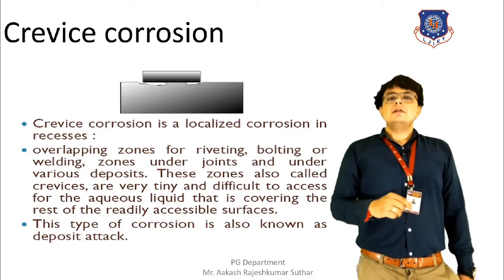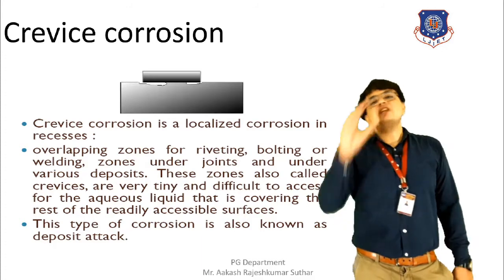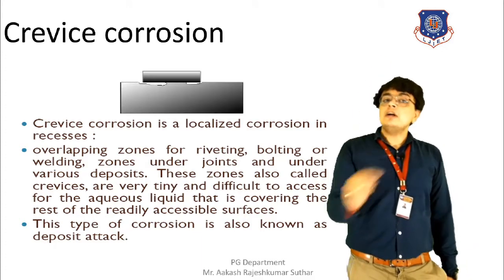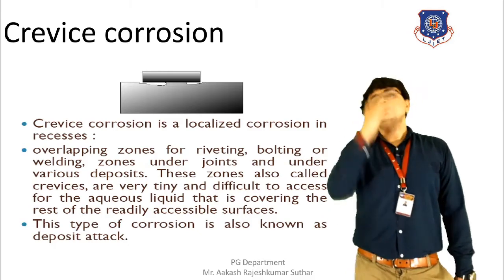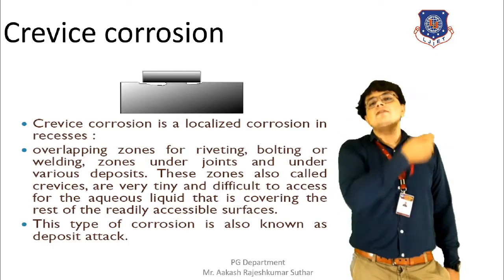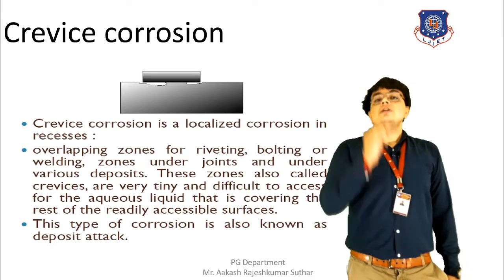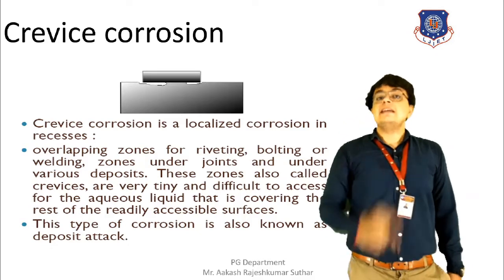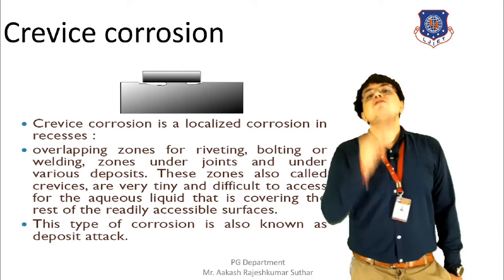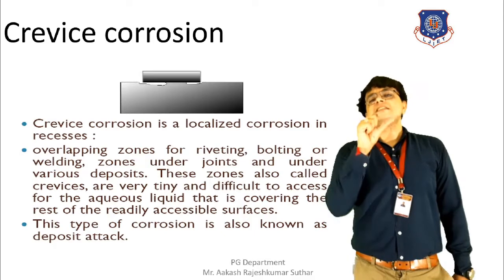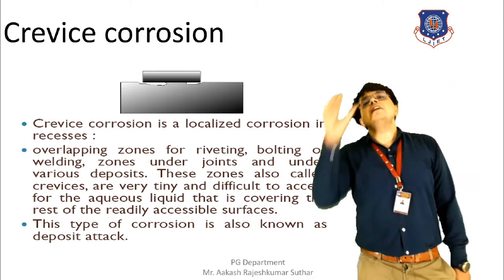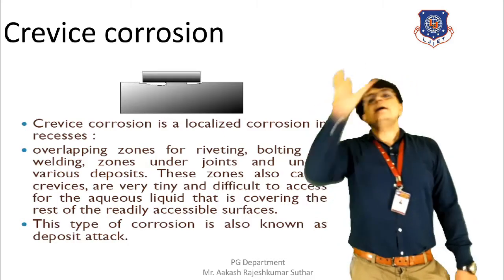And once exposed to the environment, the gaps will not be equally exposed. Any kind of solution or gases can't pass through the crevices, and as a result, isolation and separation will be found. The condition in the crevices will be different from the other parts of the machine or the equipment.